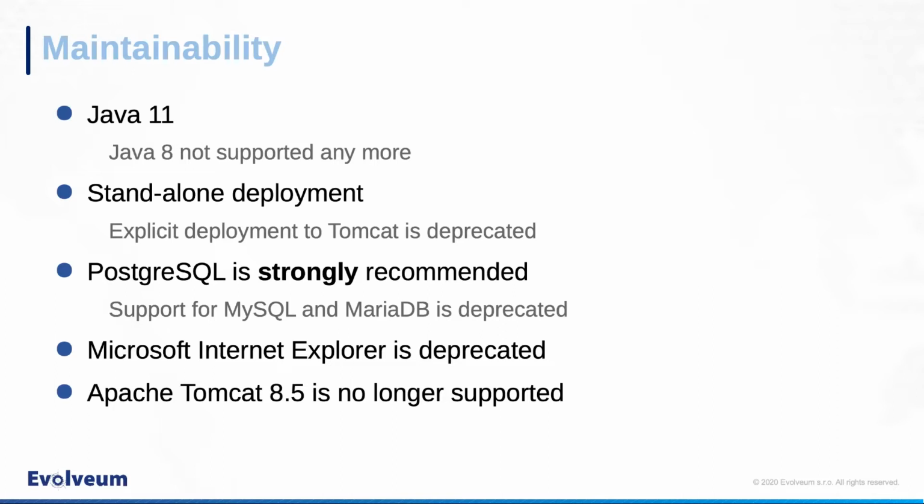Explicit deployment to Tomcat is deprecated, and Apache Tomcat 8.5 is no longer supported. Also, the support for Microsoft Internet Explorer is now at the end, so it was deprecated.